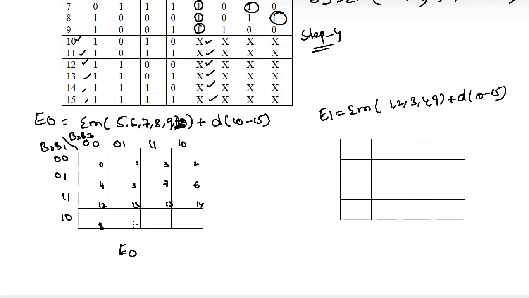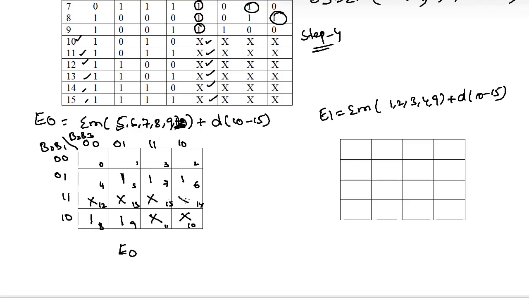Now I am plotting the values. The fifth cell is 1, since min terms are indicated with 1. The sixth cell is 1, 7 is 1, 8 is 1, 9 is 1, and 10, 11, 12, 13, 14 and 15 are don't care.